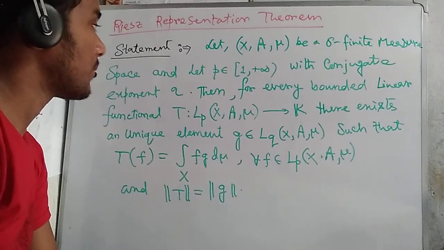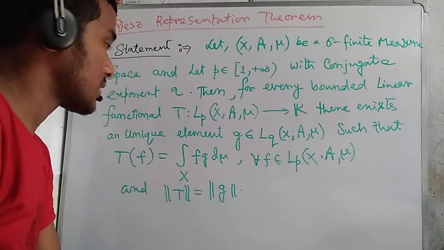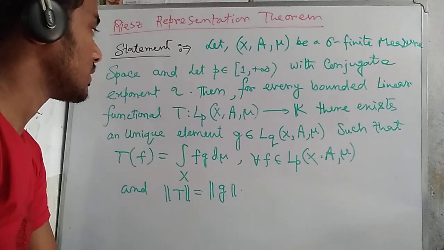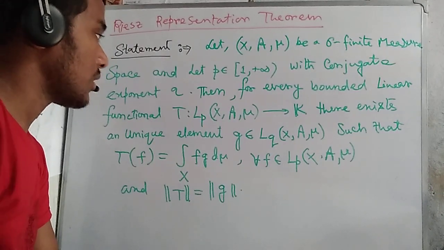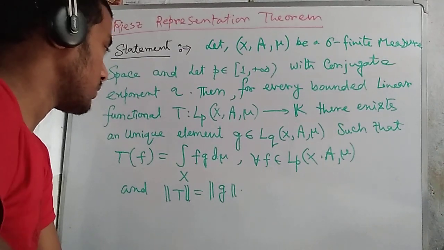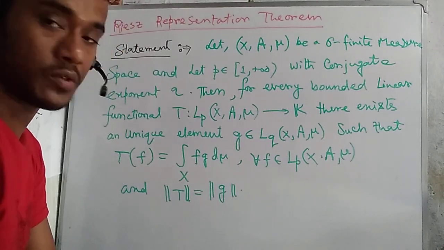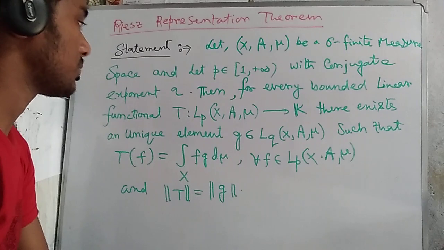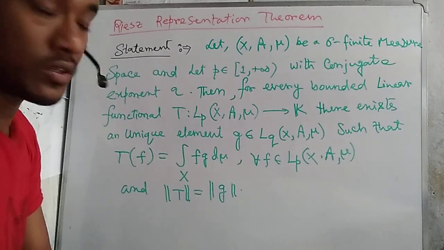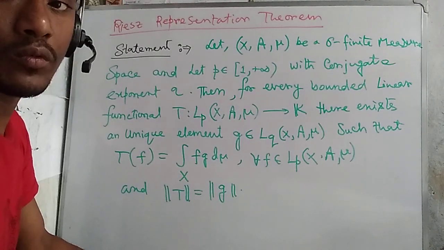Then for every bounded linear functional T: LP(X, script A, mu) to K, there exists a unique element g belonging to LQ(X, script A, mu) such that T(f) equals the integration of f g d mu with respect to x for all f belonging to LP(X, script A, mu) and norm T equals norm g.